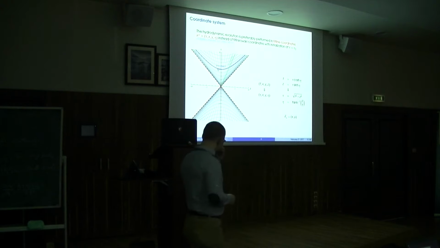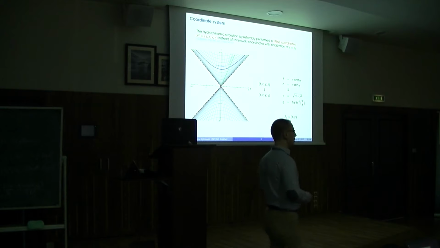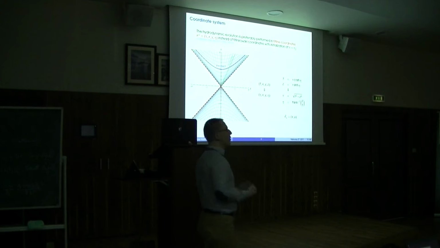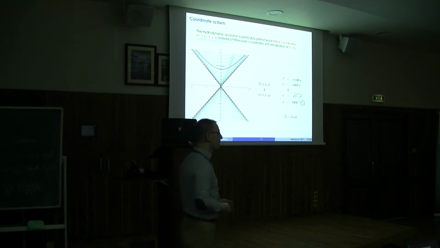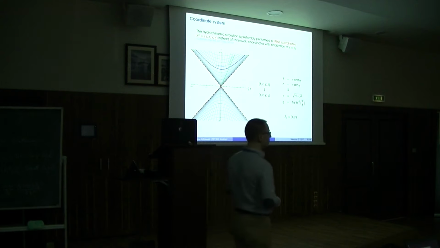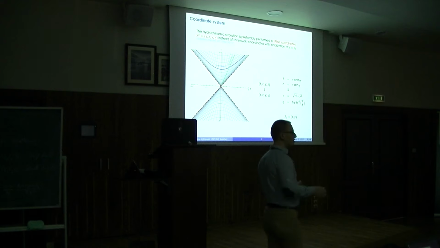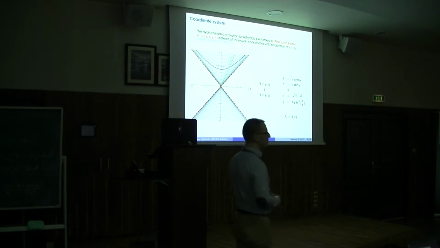Okay. Once we have the equations of motion, as I explained, we impose the equation of state. We have to solve it on a computer. There is no way to solve these equations analytically, except for some very simple cases which don't tell us the whole story.